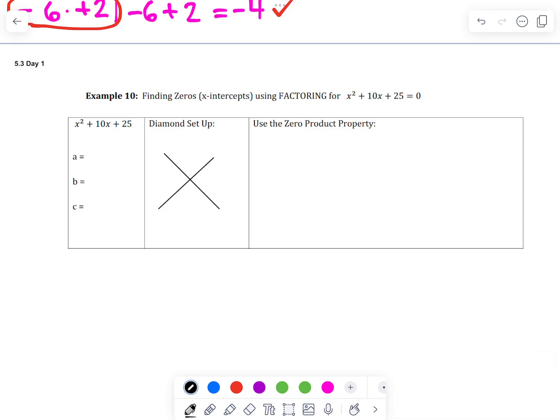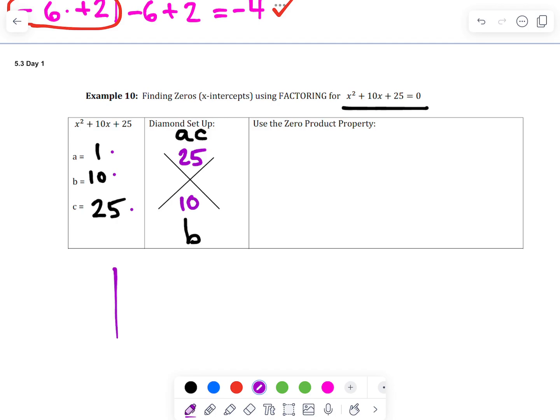So we have our quadratic equation. We identify the A, B, and C. The top of the diamond is our AC. The bottom of our diamond is our B. So A times C is 25. B is 10.